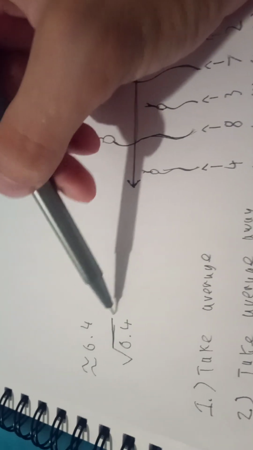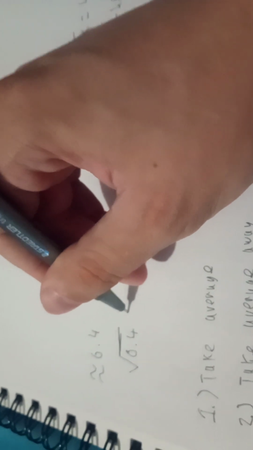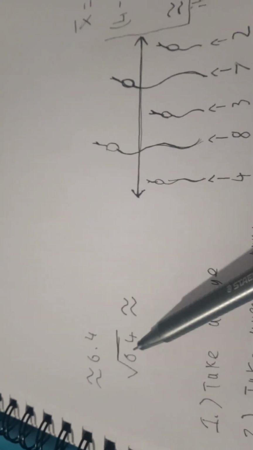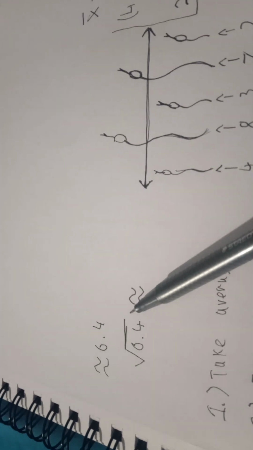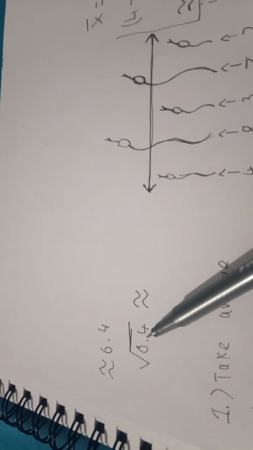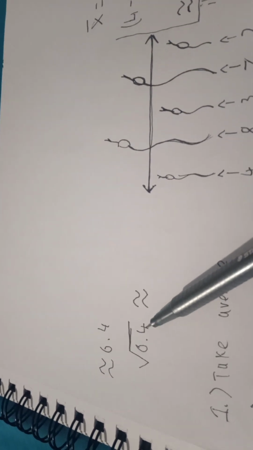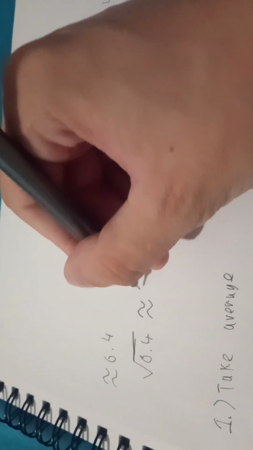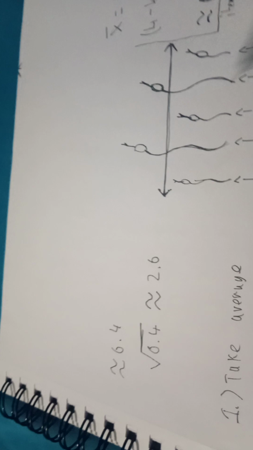Now, I'm not going to do this off the top of my head, so again, it's going to be another approximate answer. But if you times 2 by itself, you get 4. And if you times 3 by itself, you get 9. So 1 is too small and 1 is too big. So what about 2.5 times itself? Well, that actually gives you about 6.25, right? So I'm going to say that this is about 2.6, right?